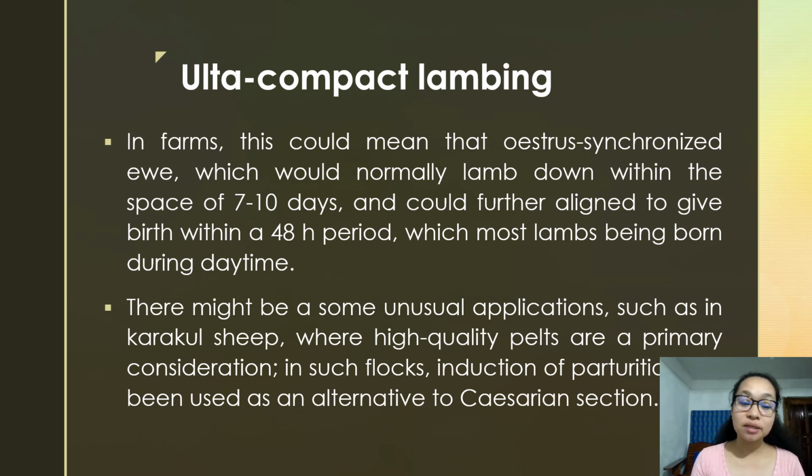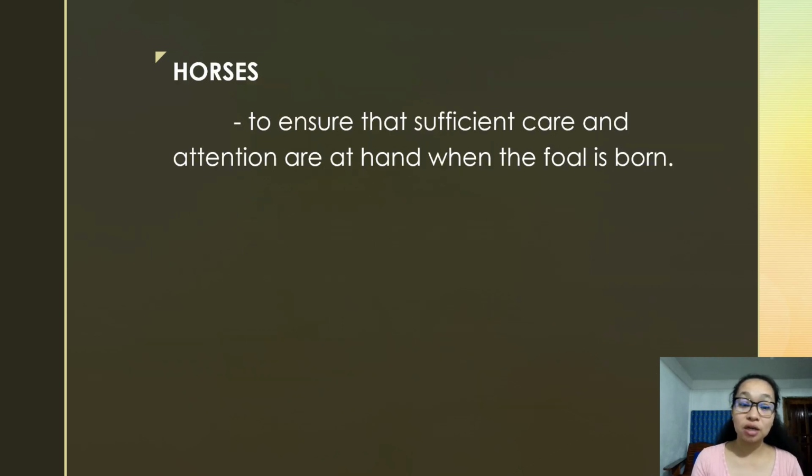There might be some unusual applications, such as in karakul sheep, where high quality pelts are a primary consideration. In such flocks, induction of parturition has been used as an alternative to cesarean section. In horses, this is to ensure that sufficient care and attention are at hand when the foal is born.